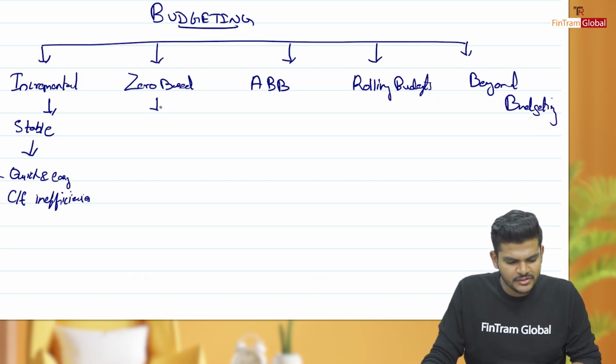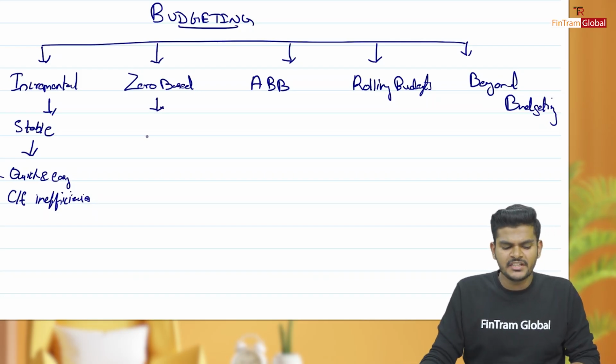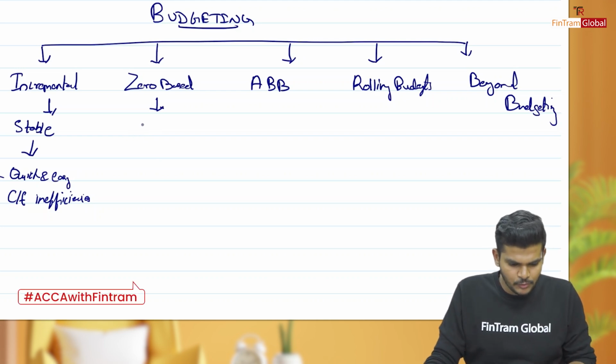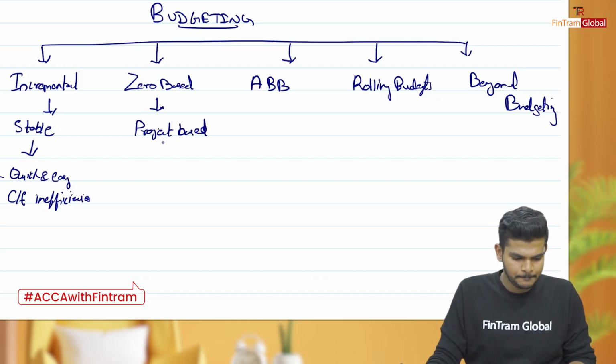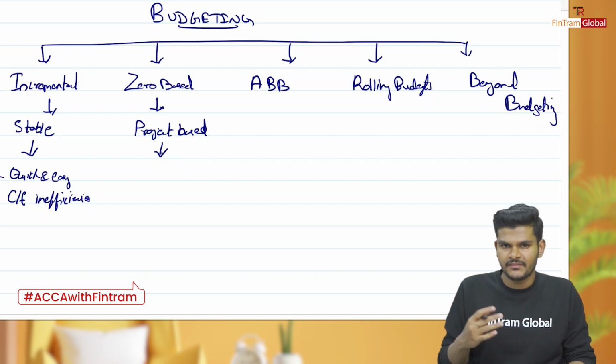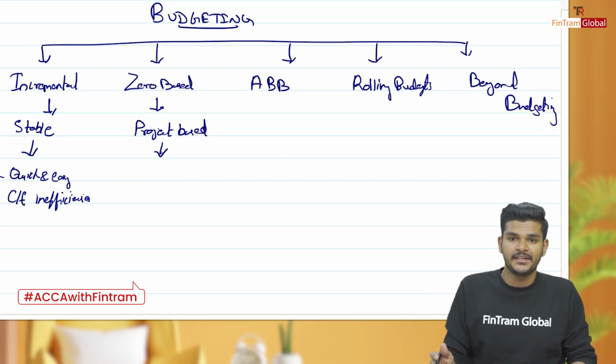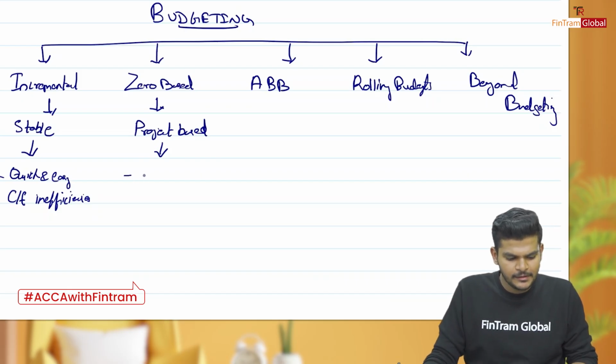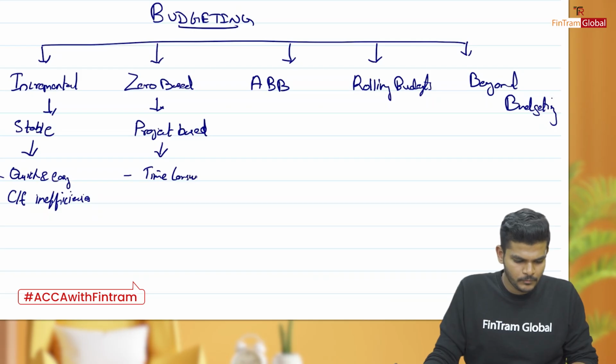Now, what about zero-based budgets? Zero-based budgets are more suitable for those organizations that operate project-based businesses. Okay, folks, when they are project-based. What are project-based businesses? Basically, when they have multiple investments and multiple investment decisions to make and stuff like that. Okay, folks, so that's basically the idea. So the idea here is that it's time-consuming, right?